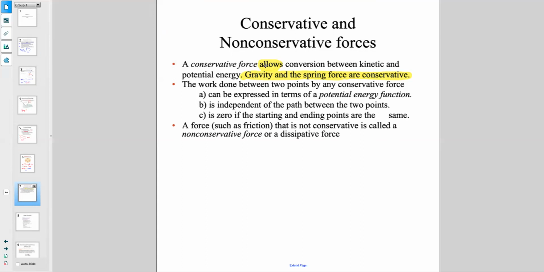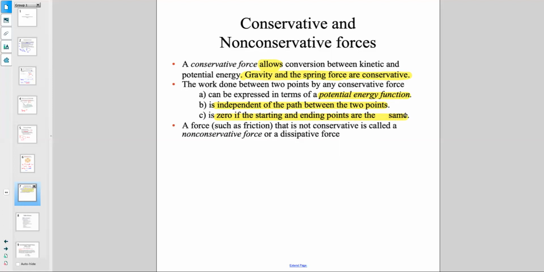The work done between 2 points by any conservative force can be expressed in terms of a potential energy function, is independent of the path between the 2 points, and is zero if the starting point and the final point are the same, or if we're going in a closed path.